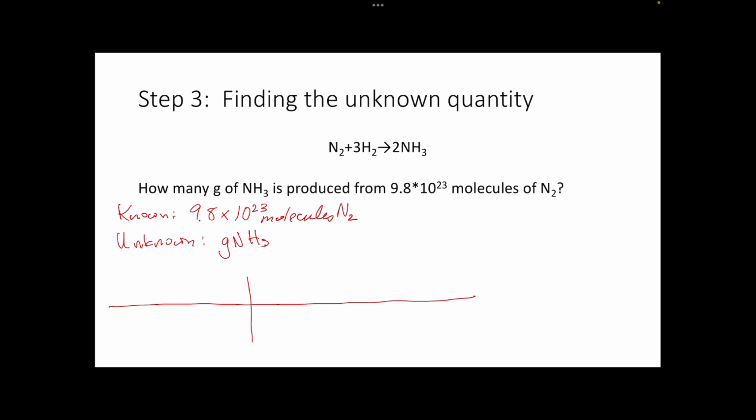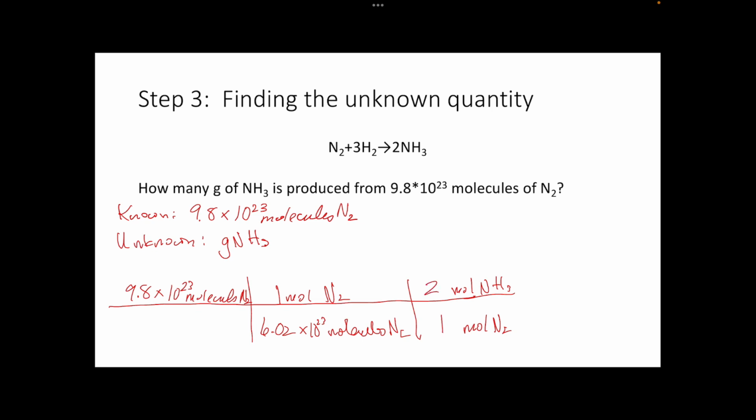The first step, converting to the moles, 9.8 times 10 to the 23rd molecules of N2. We know that there are 6.02 times 10 to the 23rd molecules in 1 mole. Mole ratio time, we use moles of N2 to moles of NH3. From the equation, we know there's 2 to 1 here.